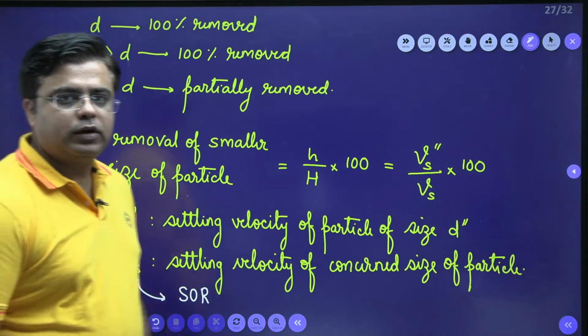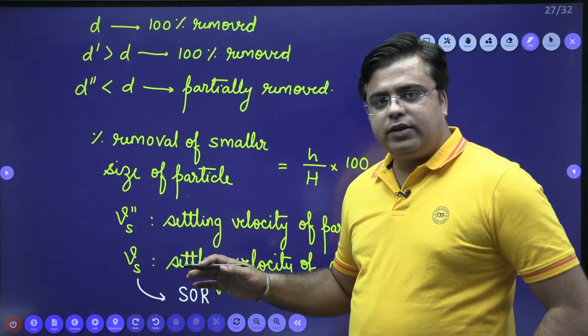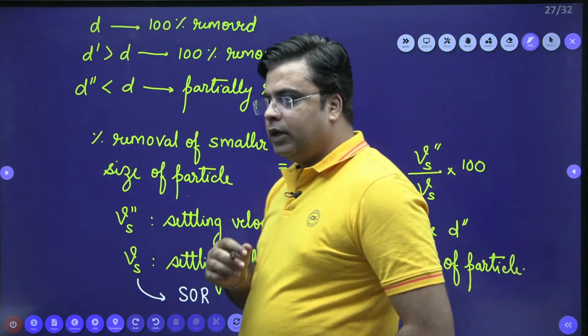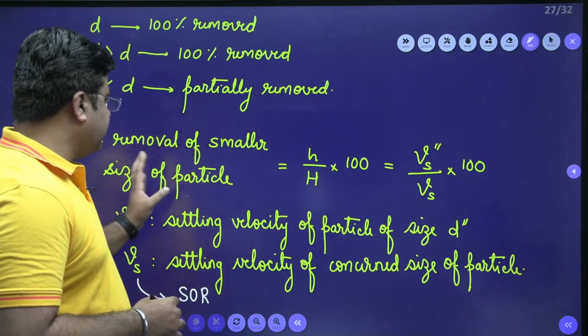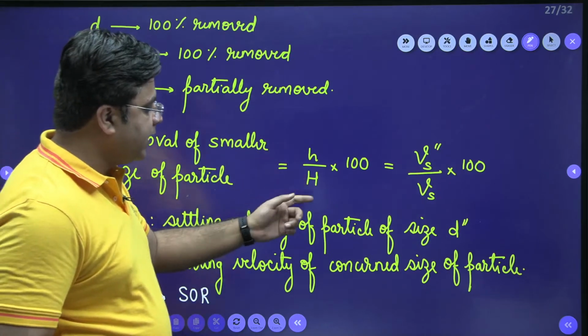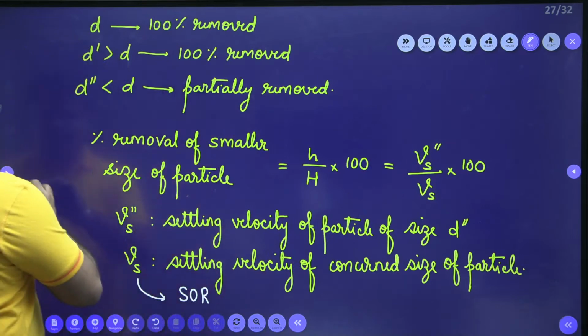In GATE 23, we have seen a question. In GATE 22, we have seen a question from the same concept. So this is a very important concept of percentage removal. Percentage removal of smaller size of particle is small h by capital H into 100, or Vs double dash by Vs into 100.